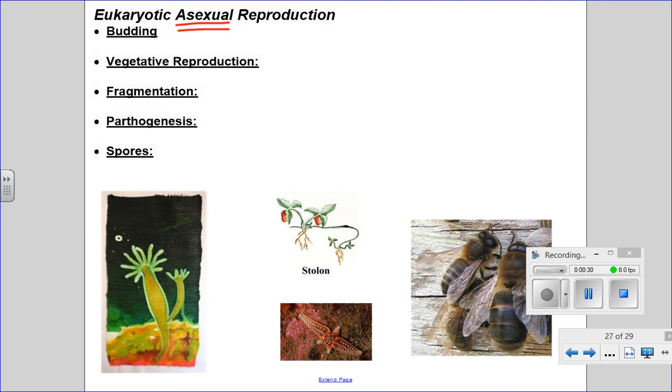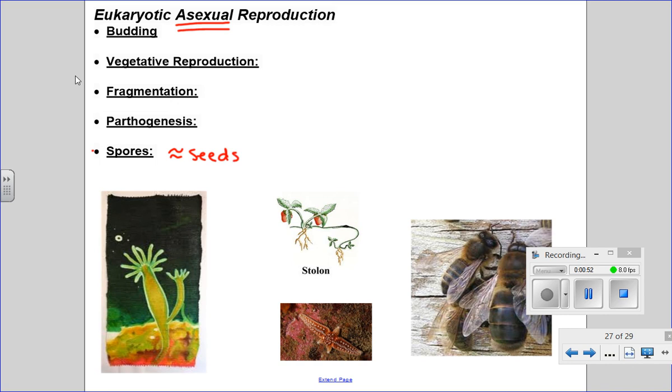The ones on the screen now are the examples in a eukaryotic cell. You are made of eukaryotic cells, so are plants. We were on the point about spores. Spores are very similar to seeds. They're not the same, which is why I made my equal sign wavy.